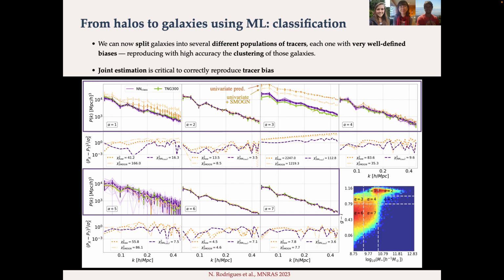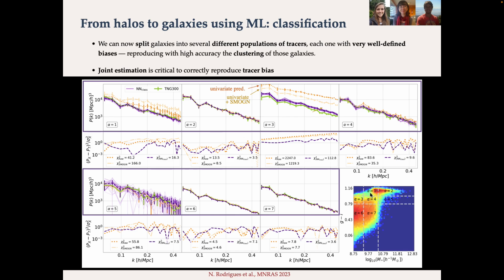Now, one of the interesting things we can do when we are able to predict the galaxy properties in this way is that we can divide our galaxy populations into different populations. And here on the bottom right, you can see what happens when we use stellar mass and color to divide the entire population into 7 populations.